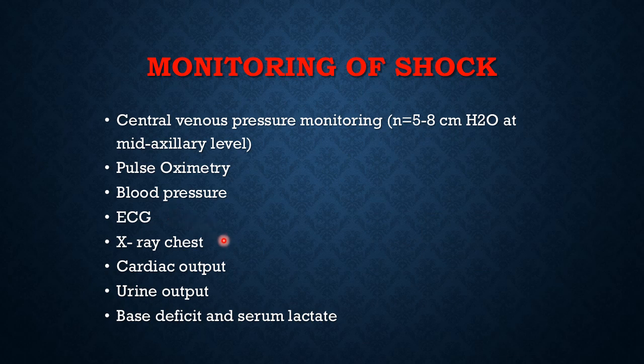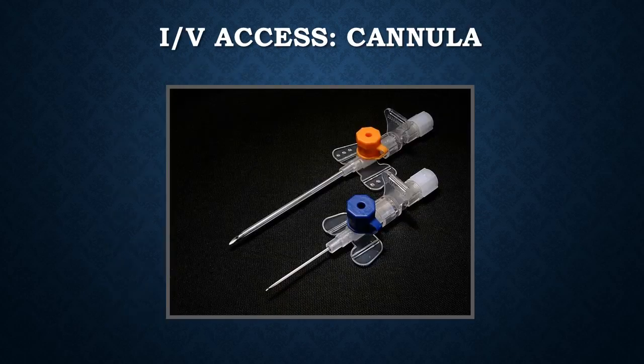X-ray chest will give you an enlarged cardiac shadow and cardiac tamponade and cardiac failure. Pulmonary congestion and hemothorax may also be seen. Cardiac output is monitored by echocardiography. Urine output is monitored by Foley's catheter insertion and regular record of urine output. Base deficit and serum lactate levels are monitored through serum electrolyte and blood arterial gases.